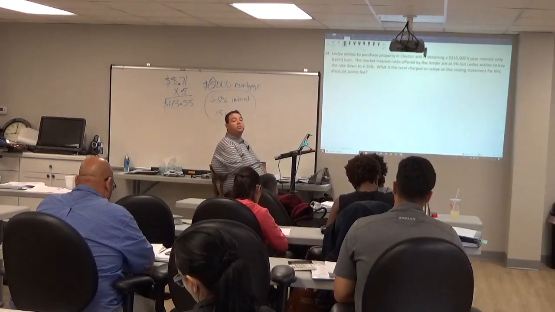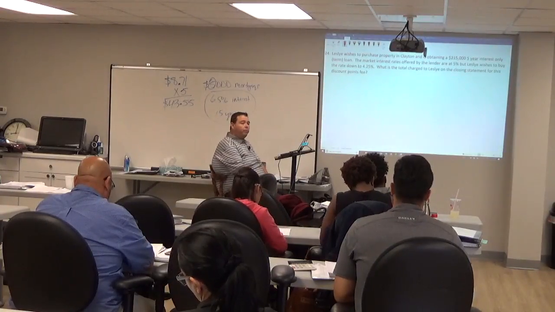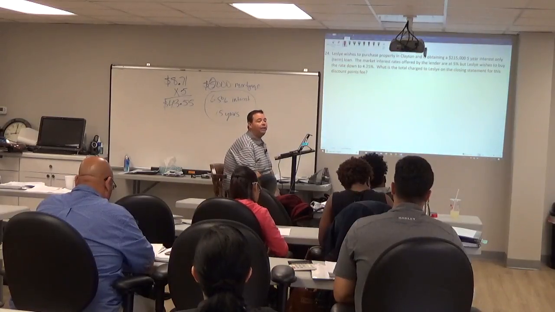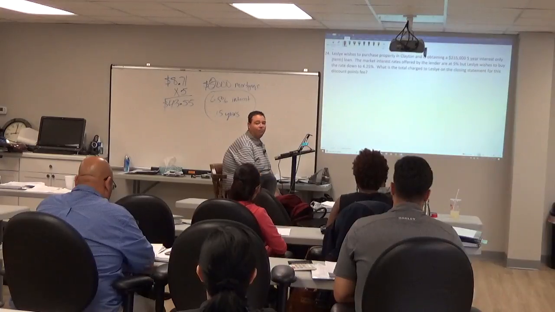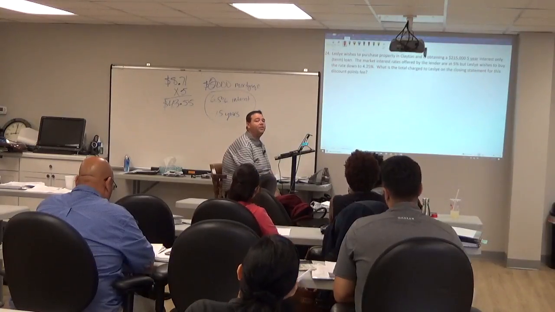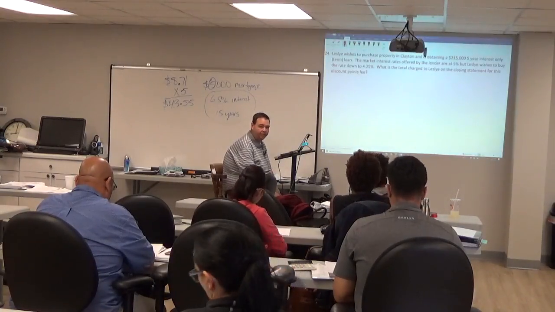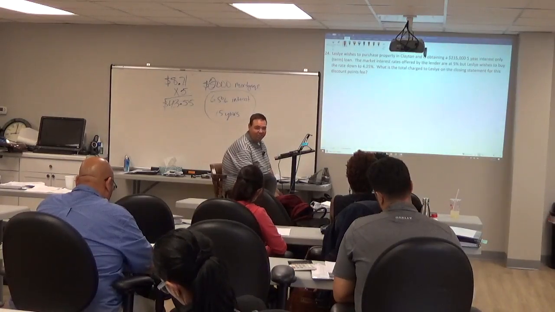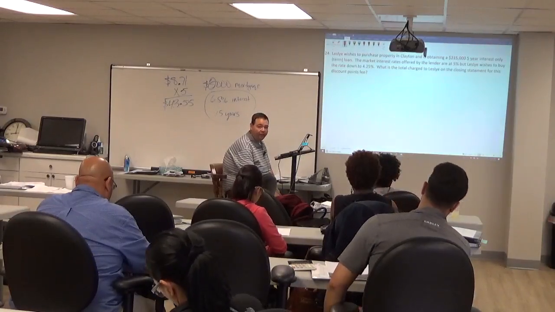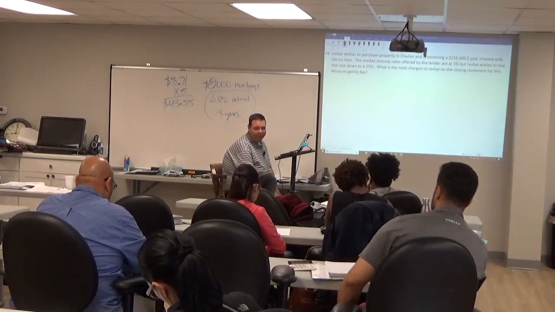So they want to know how much the fee is, right? So when you think about fee, you should think about each point costs how much? 1%. It costs 1%. You pay 8 times more than what it changes. It changes the rate by 0.125. The borrower gets the short end of the stick.